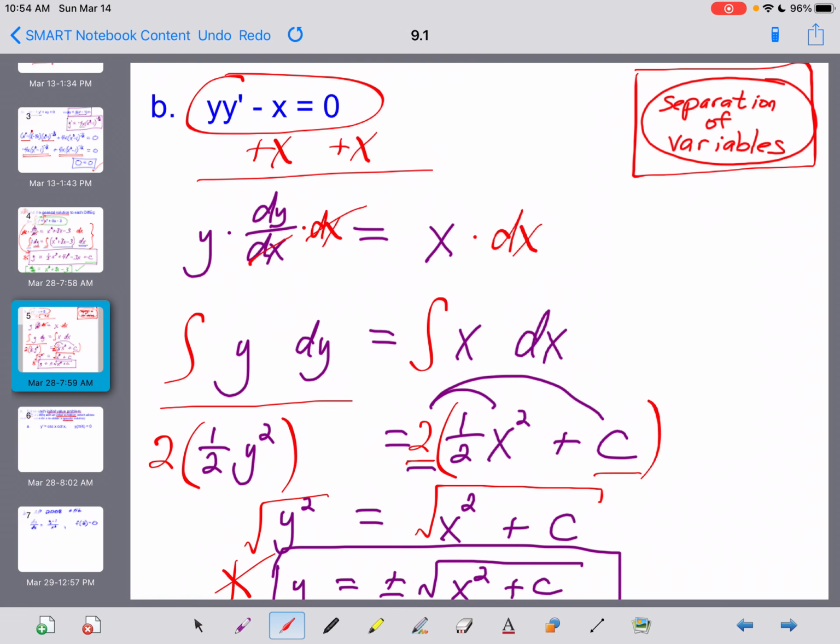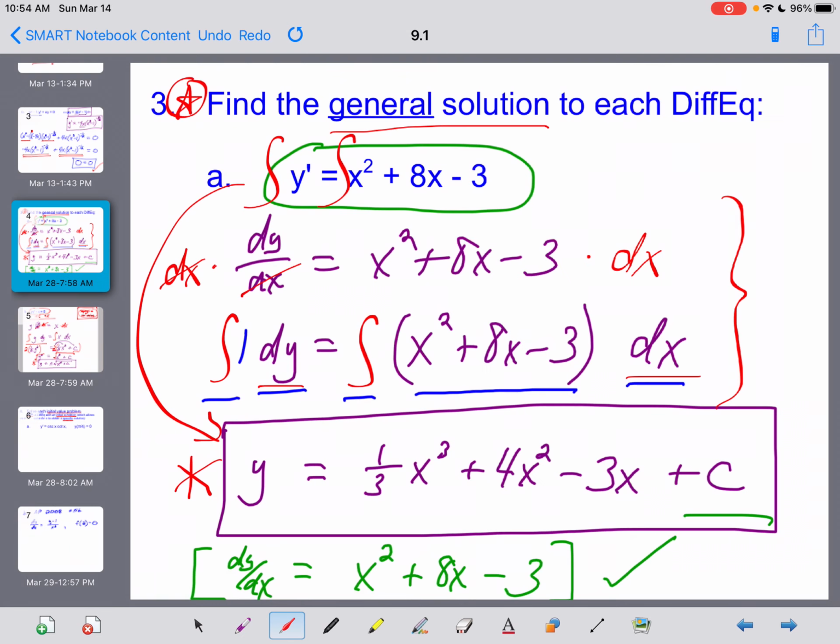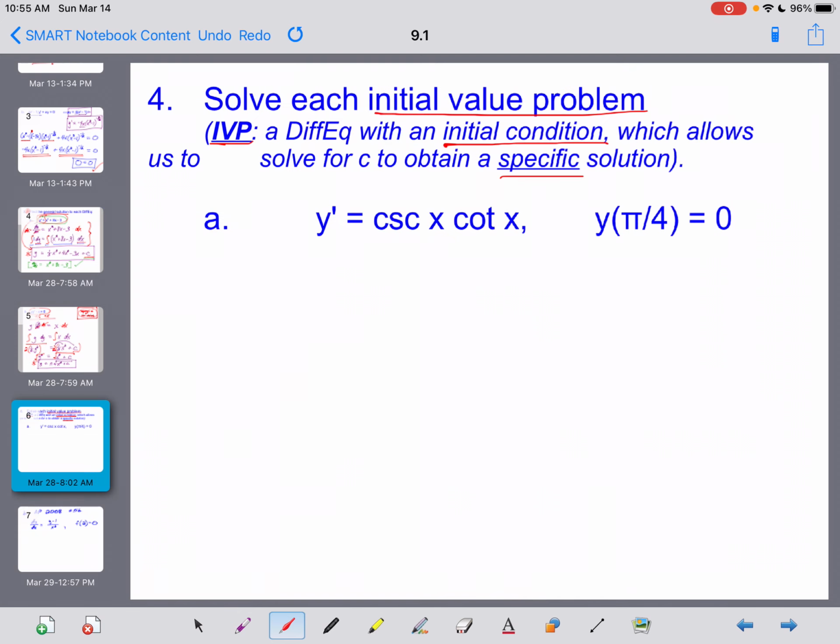And I could sit here all day and keep coming up with them. Likewise, this one here too. Okay, 1/3 x cubed plus 4x squared minus 3x, and then whatever constant value I wanted to put at the end, all of those would work to satisfy the original differential equation. But once an initial condition has been given to us, there is only one specific solution out there, guys, that does what we need it to do.